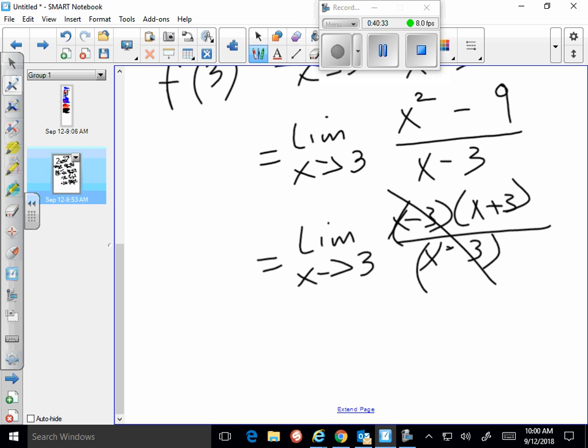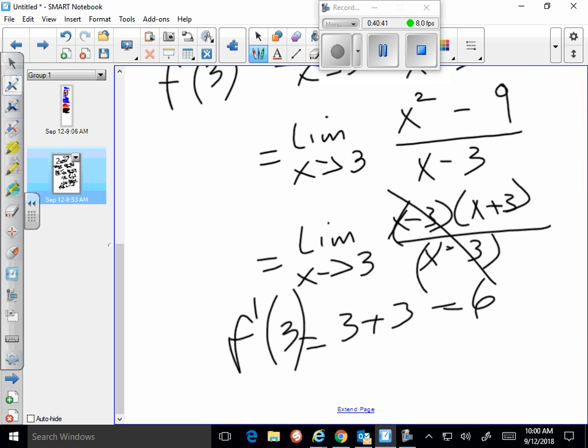And those cancel, and now I plug in my 3, and I get 3 plus 3, or 6, is f prime of 3. And so now I have the slope at a point. Now I have the instantaneous rate of change. And you'll see some of this in your homework tonight, and we'll be doing a lot more of this tomorrow.